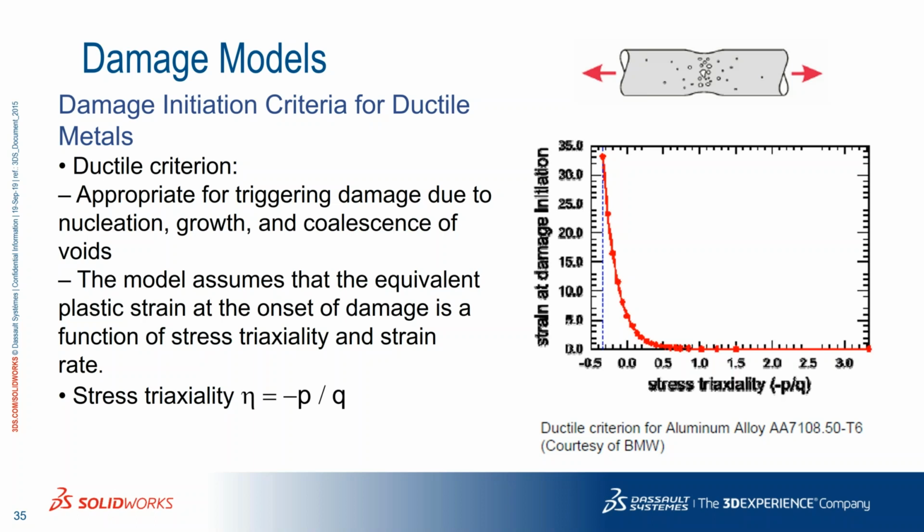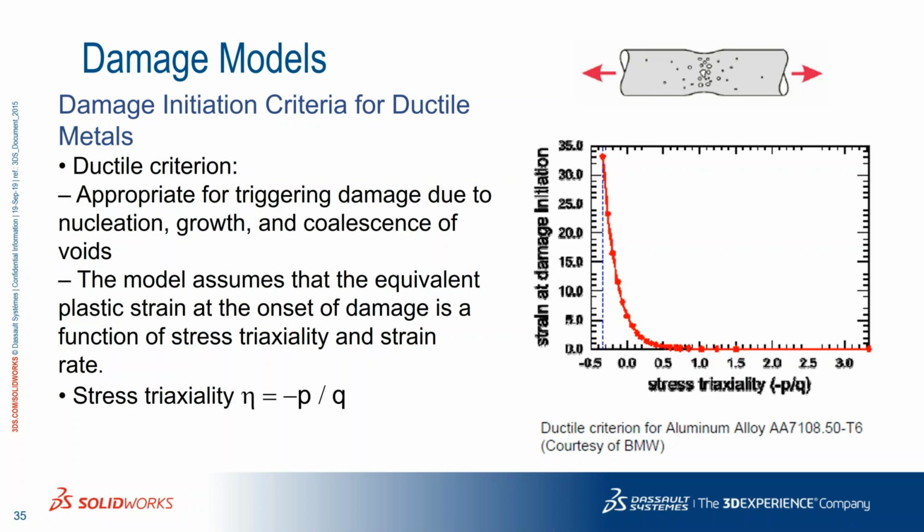So you can see in the image on the top, these kind of voids are enlarging and aggregating, and then they are separating the two portions of the metal. Here, the ductile criterion is triggering, of course, the damage initiation, and it's based on the stress triaxiality.